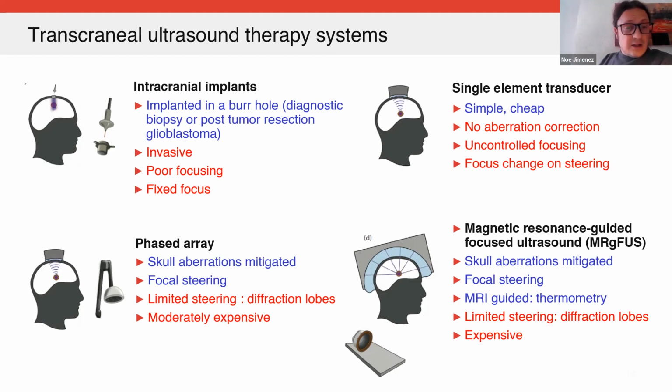Another solution is to use a phased array in order to control these aberrations using the electronic steering of the beam, but it is very difficult to control completely these focal aberrations, because for therapeutic applications, the elements should be bigger, and then when they are bigger, you have these diffraction lobes, and the focal steering is actually very limited to the geometric focal spot of the brain.